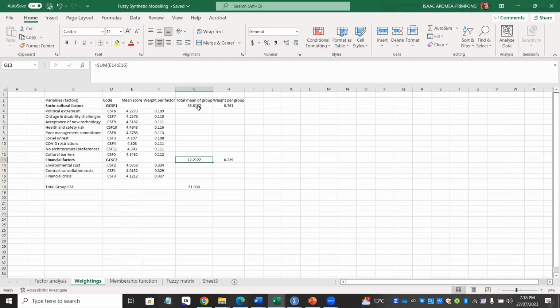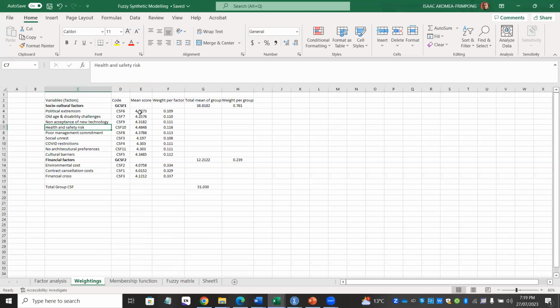So with this 38.882, what is the percentage contribution if you take, for example, political extremism, or old age and disability challenges, or acceptance, I would say non-acceptance, of new technology? Okay, so what's the contribution?